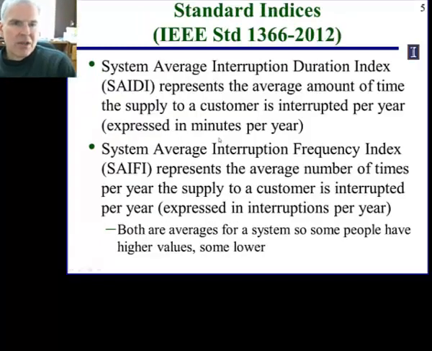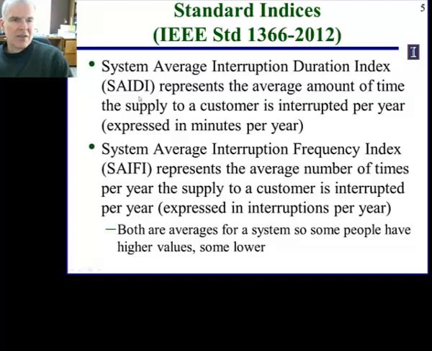Okay, IEEE actually has a standard. It's 1366 from the year 2000 that defines some of the standard indices that are used when we're talking about blackouts. One of these is the System Average Interruption Duration Index, SAIDI. That represents the average amount of time the supply to a customer is interrupted per year, expressed in minutes per year, and then per customer.